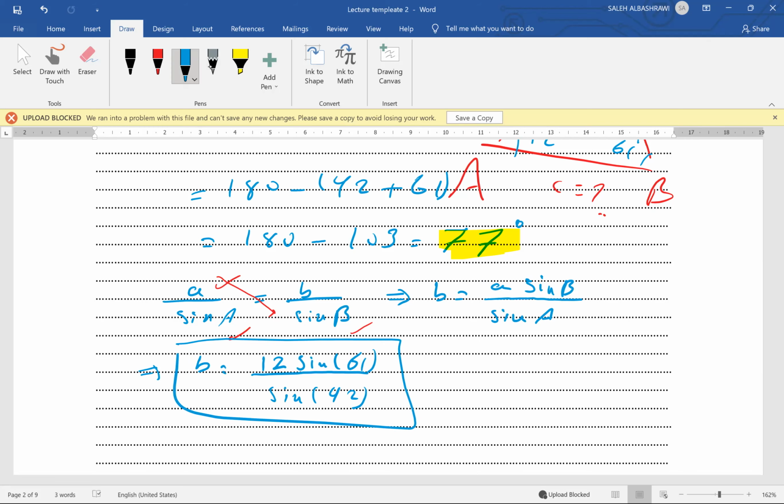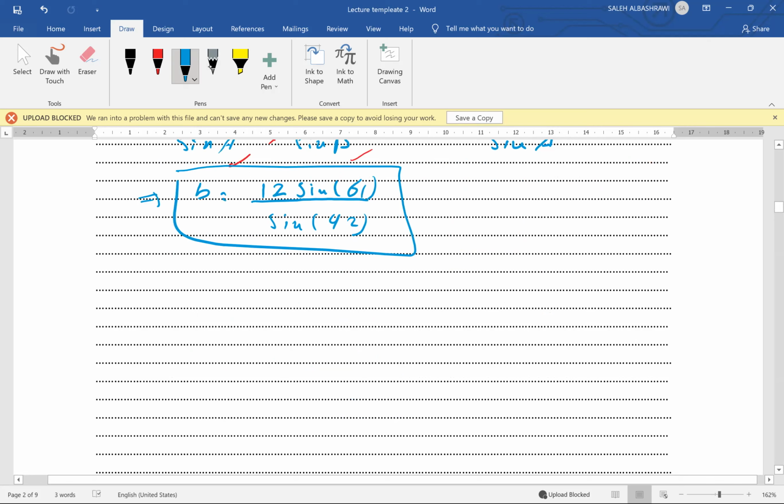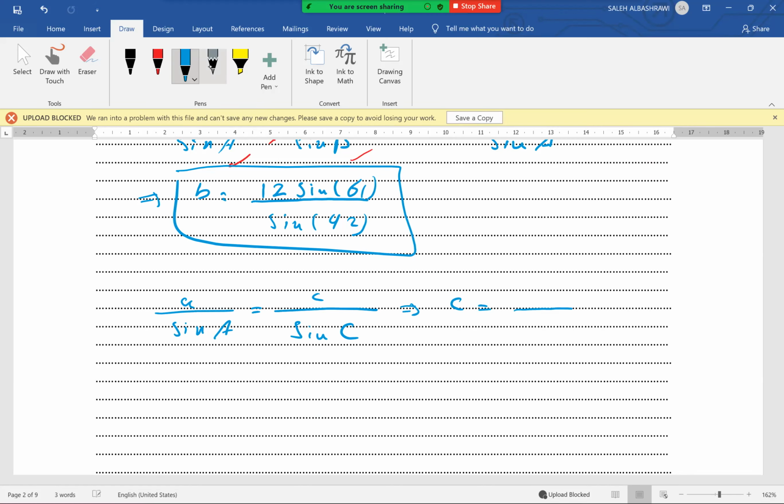Similarly, we can find the other side, the small c. Also, we have a over sine capital A equal to c over sine capital C, which means c, small c, is equal to a sine capital C over sine capital A. Or I can write c is equal to a is equal to 12, given in the question, sine of C, the one that we found, 77, over sine of A, which is 42.